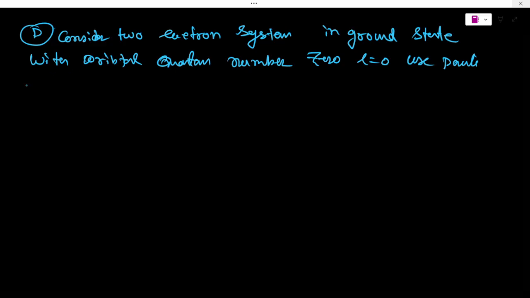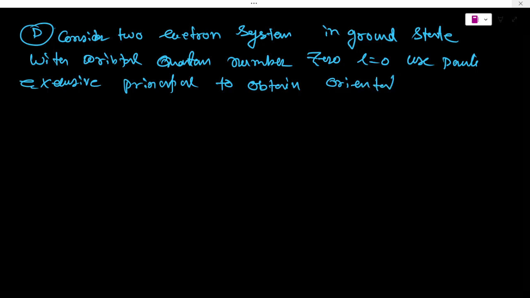Pauli's exclusion principle to obtain the orientations of two electrons.